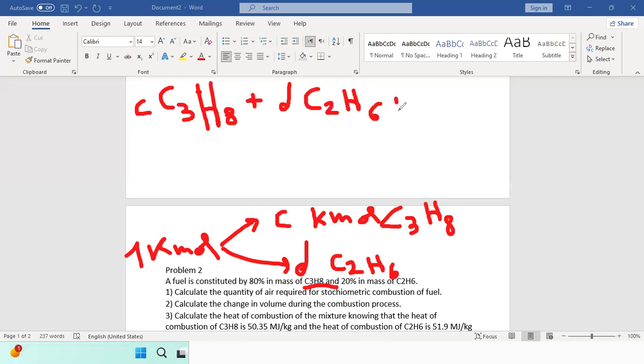So I should determine what is the number N of kilomole of O2 required. So N is unknown. To obtain it, we know that what are the products of such combustion? CO2 and H2O.